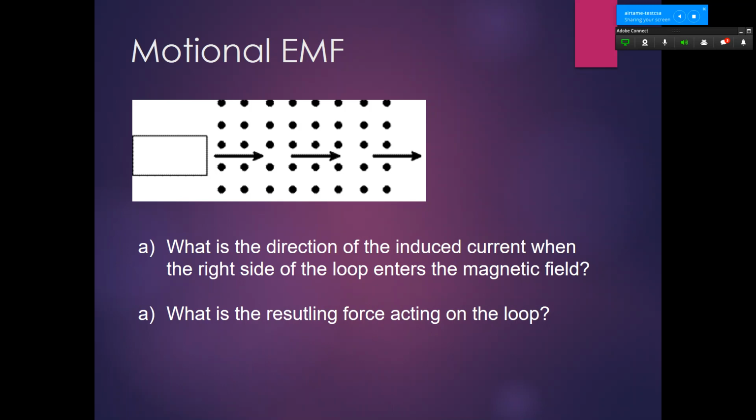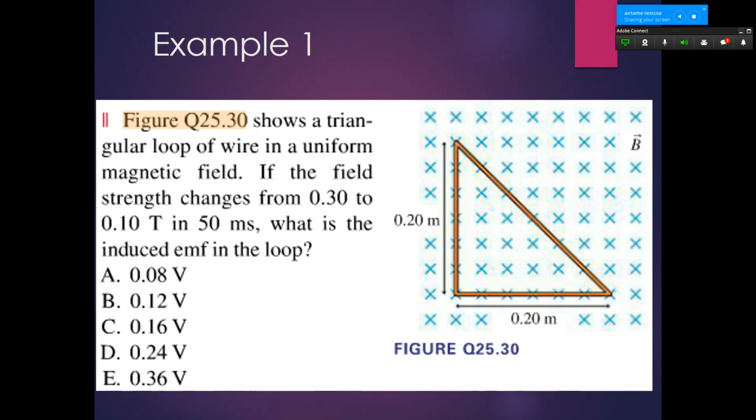Is there a change in magnetic flux as I bring this closer in? Exactly. As I enter this, the area entering the magnetic field is increasing, so there is an increase in magnetic flux, and therefore there's going to be an induced current. That question's asking about direction, but we're not there yet.